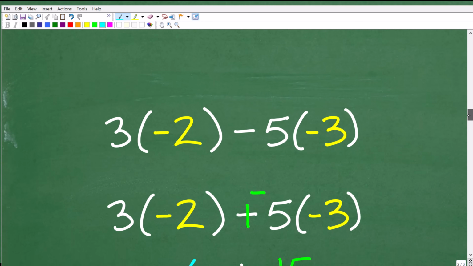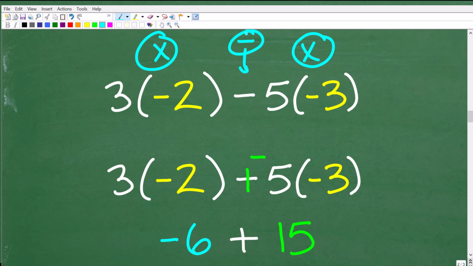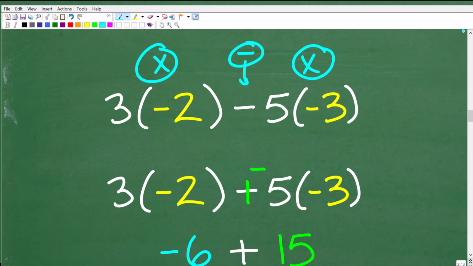Okay, so now we're down to multiplication. All right, so this is multiplication here, this is multiplication here, and this is subtraction. So we have to handle multiplication before we do any subtraction or addition. And an easy way to think of this problem is to change this subtraction sign into an addition sign. So when you have something like 6 minus 7, you could think of this as 6 plus a -7.